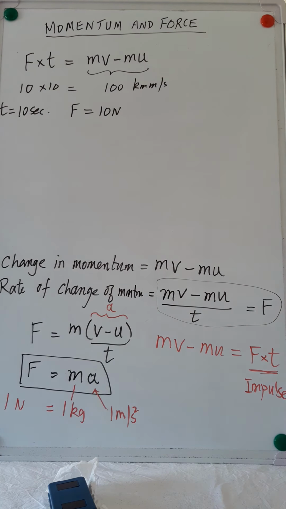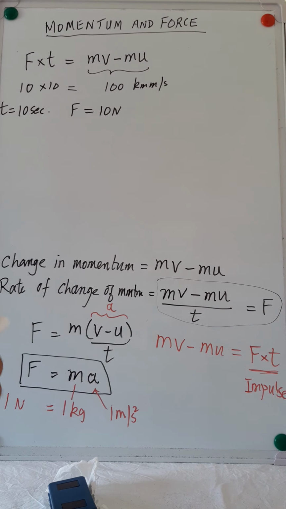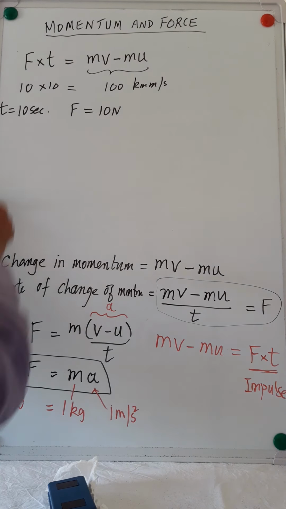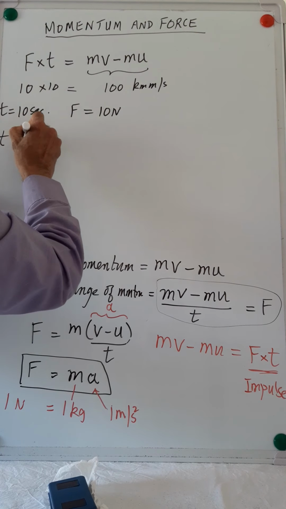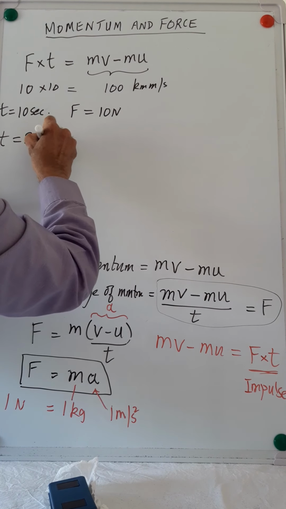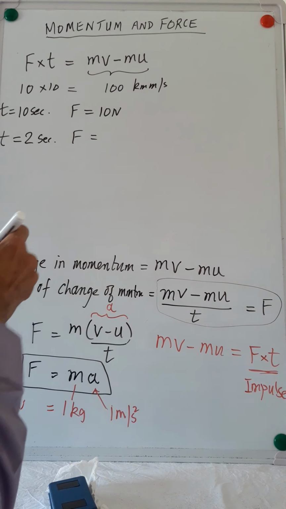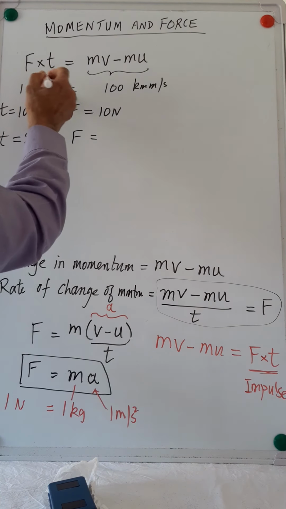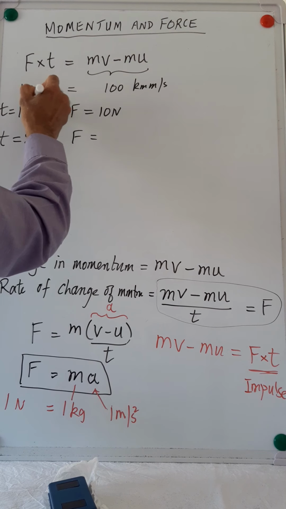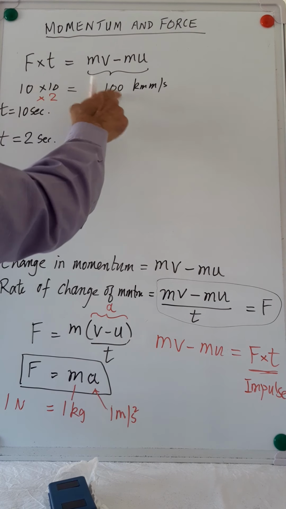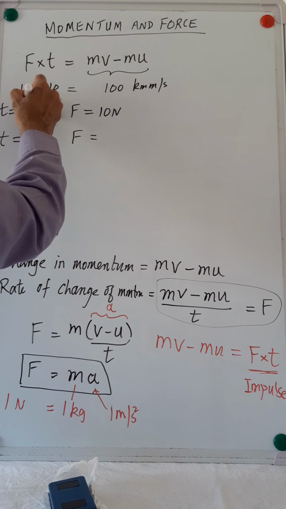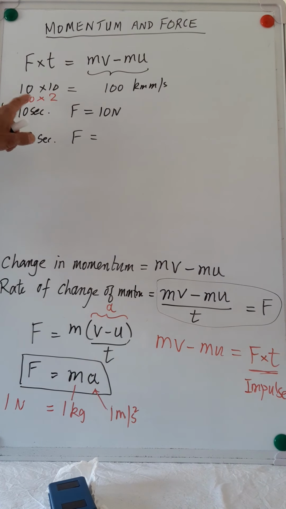Now, however, if you try to change the momentum very, very quickly, to stop something very quickly, say if the t equals 2 seconds, then what is the force going to be? 2 times what makes 100? 2 times 50 will make 100. That means the force has gone up to 50 Newton.